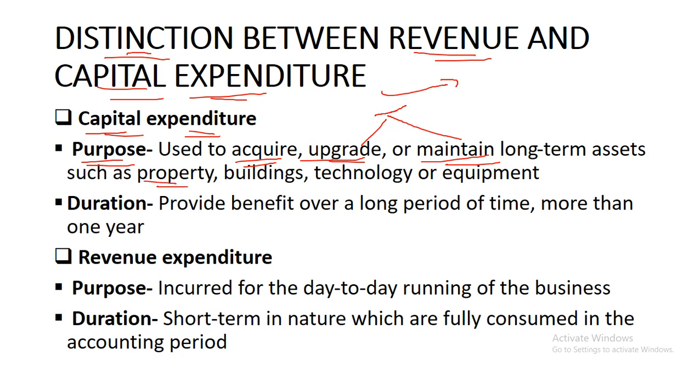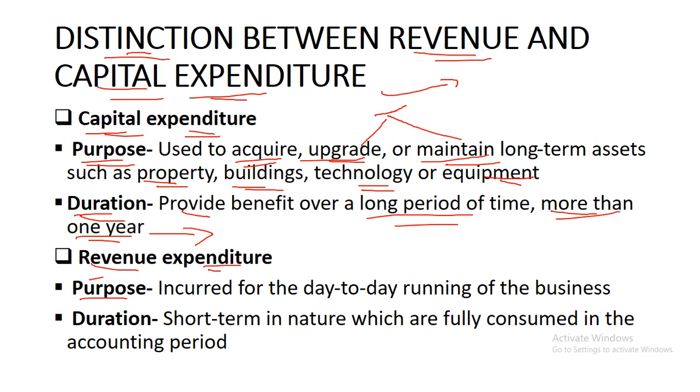So for example, property, buildings, technology, and equipment, right? Then the duration, it provides benefit over a long period of time. So over a long period of time, which is largely more than 12 months, which is more than 1 year. So 1 year plus.